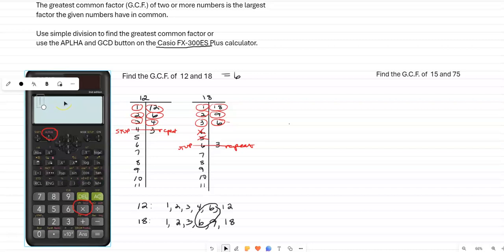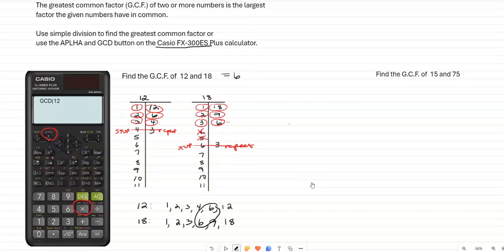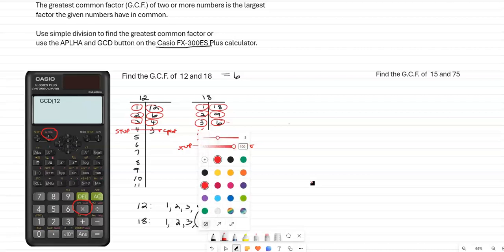Once you press those two buttons, here's what you'll see in your calculator window. You'll see GCD, and you'll see the open parentheses. Next, in order to find the greatest common factor for 12 and 18, you're going to type the number 12 into your calculator. Then you're going to need to press the comma button, but let me explain how you access the comma function.